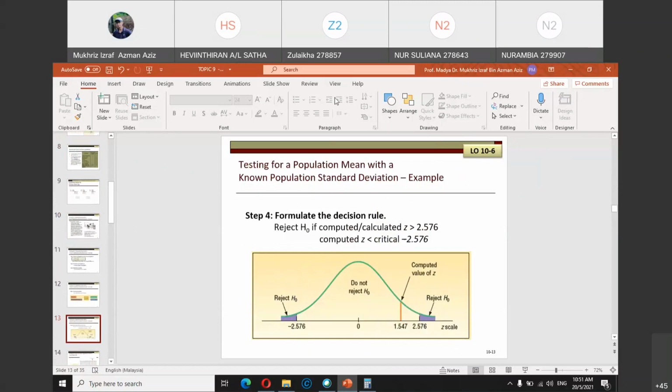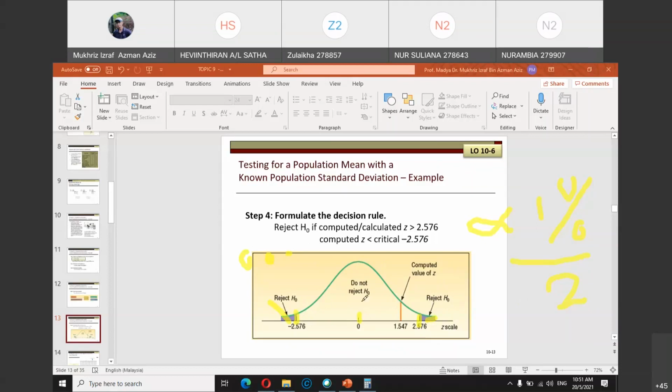But highlighting is one thing. The important part is determining what is the critical value. So we know that alpha is 1%. Because it's a 2-tail test, you need to divide by 2. So this area will be 0.005. This area will be 0.005. So that leaves the mid-center area to be 0.99.